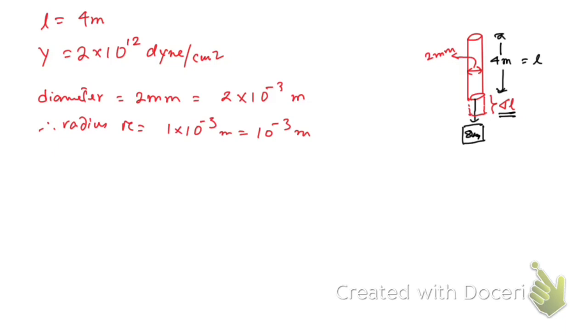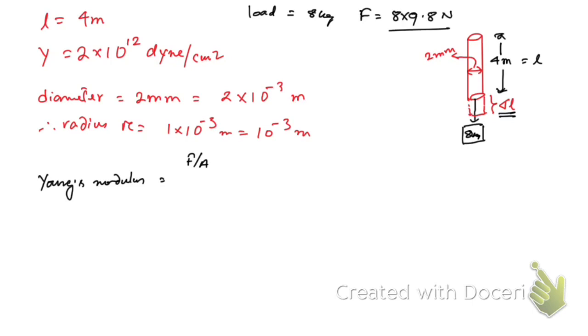Now you know Young's modulus is equal to stress by strain. Stress is nothing but force by area. Here force is nothing but the load. The load is 8 kg, so therefore force is 8 into 9.8 Newton.